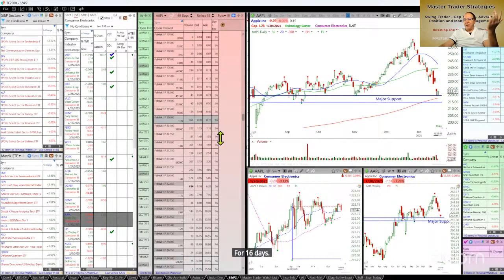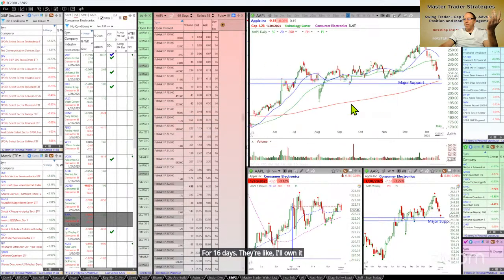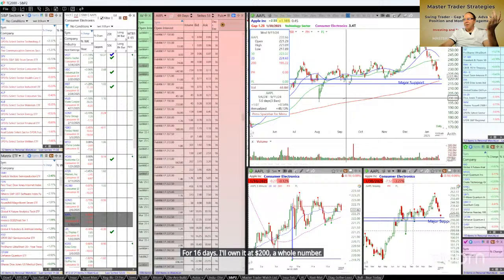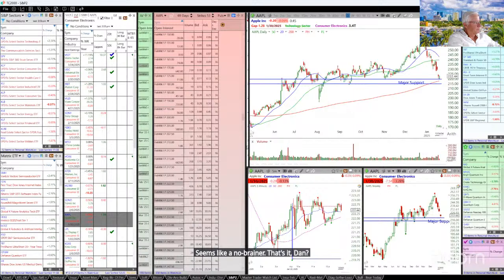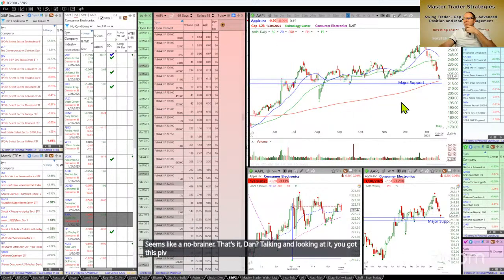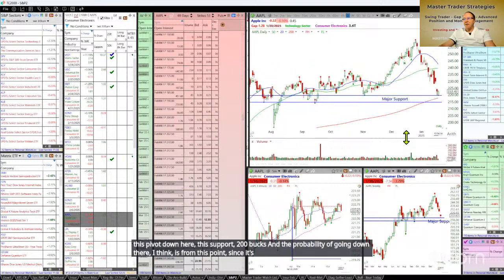I'll own it at $200, a whole number on another area of major support. You're going to tie up that money for 16 days if you have the money in the account. But it seems like a no-brainer, doesn't it, Dan? Looking at it, you've got this pivot down here, the support at $200. And the probability of going down there, since it's already fallen 15%, is relatively low.